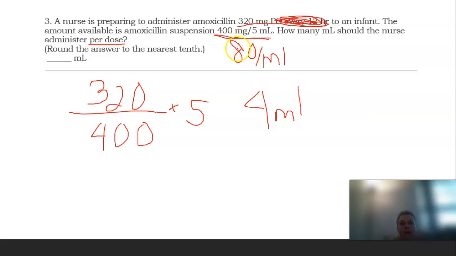If there are 80 milligrams in 1 mil of this liquid, can I come back and double check my math? If I know what's in 1, I can double check myself. Isn't 80 times 4 320? So now I've double checked myself and I realize that I have what I need in my little med cup and I'm ready to go.